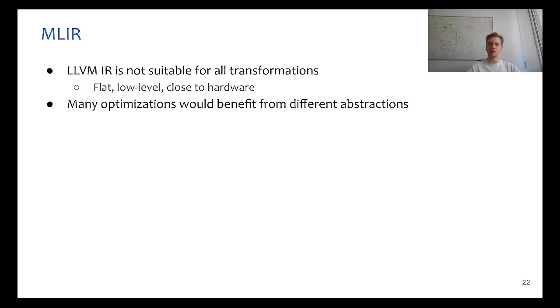Yeah, so there are a lot of optimizations that would benefit from a different abstraction. So, for example, ML, the original use case for MLIR, prefers high-level tensor types. So a data type that tells you how your data is laid out in memory. Now, it doesn't exist in LLVM IR, so you cannot abstract that.